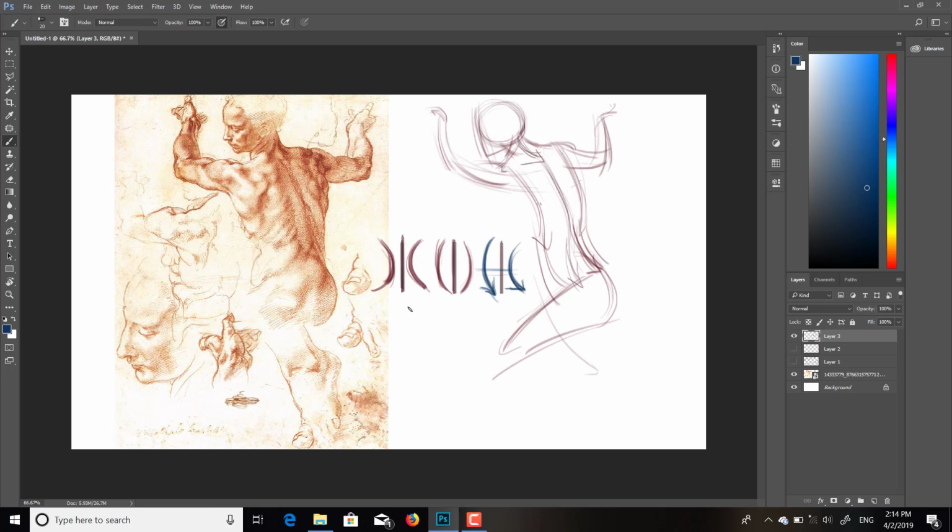So avoid drawing number 1, 2, okay? But the third one is okay. Lines like this, these are okay.